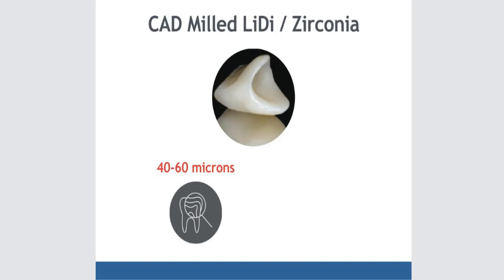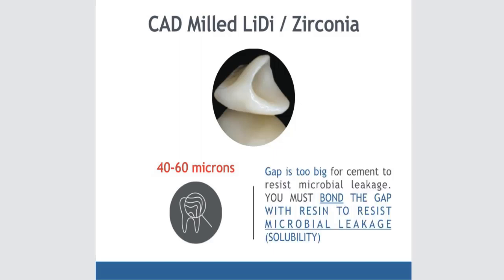When we compare that to these CAD milled lithium disilicate and zirconia crowns, we have to understand that these microgaps are huge in comparison to a cast crown. We're looking at 40 to 60 microns depending on the type of mill that's used. So the gap is way too big for the cement to resist microbial leakage.